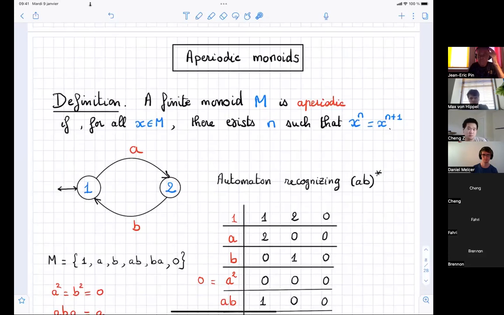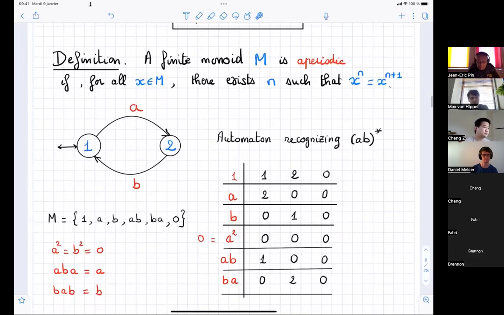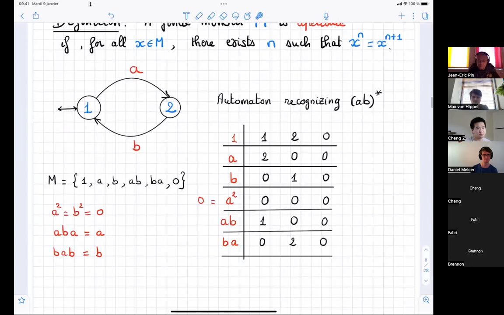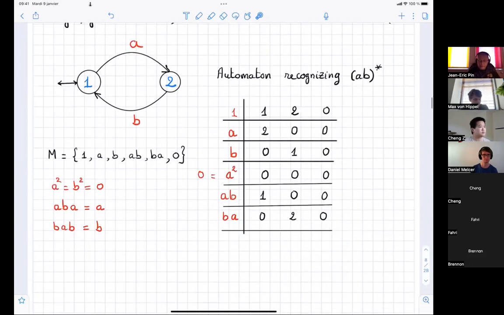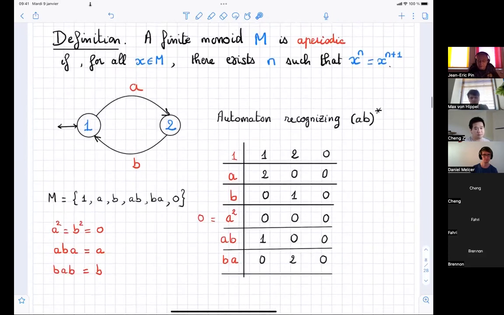Okay. So I would like to illustrate this definition on my two examples. So you recognize the monoid I just computed before. And I want to check whether this monoid is aperiodic or not. So for this, I compute the successive powers of each element.